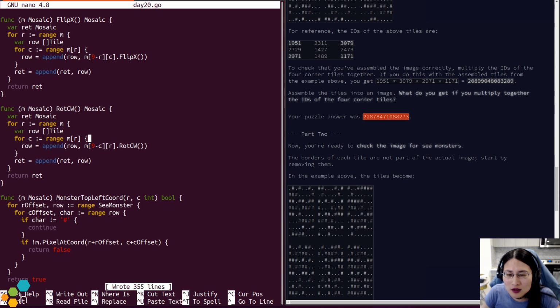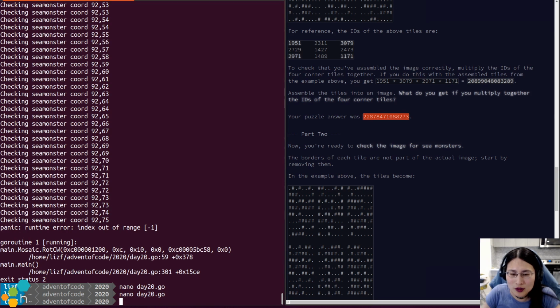Okay. I'm going to see our rot CW. That should be fine. Why is it nil pointer erroring? Oh, it's not nil pointer erroring. It's saying index out of range. That's very different.